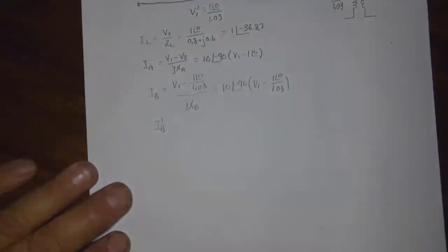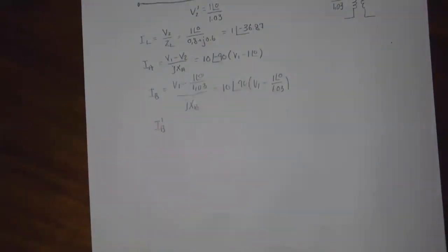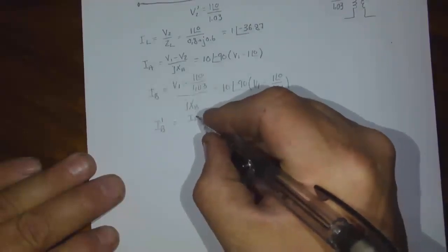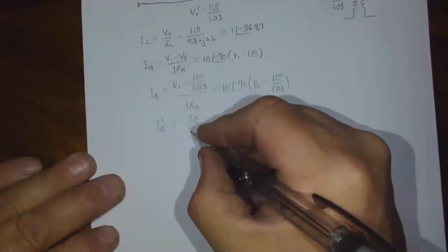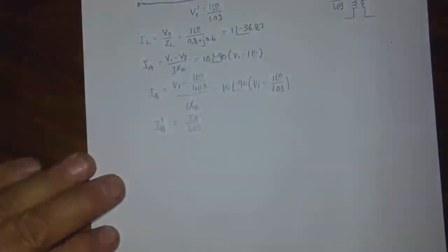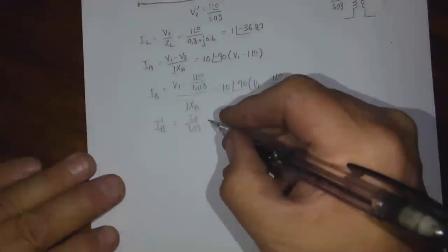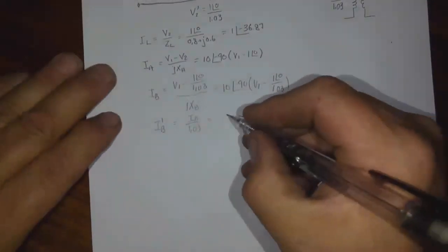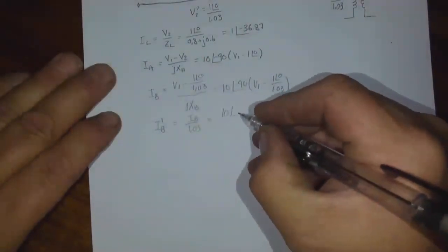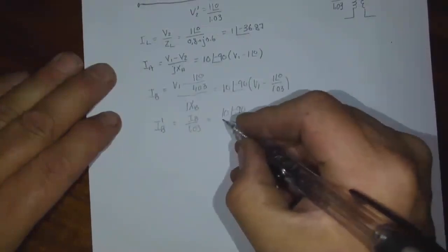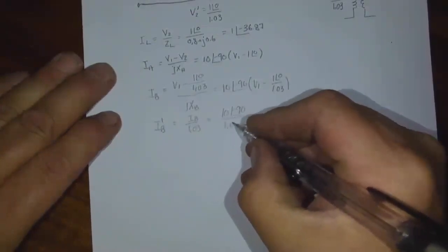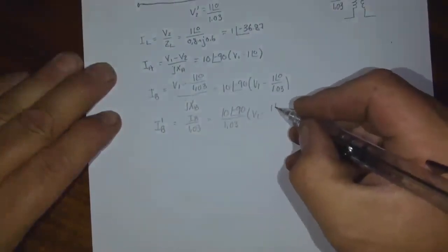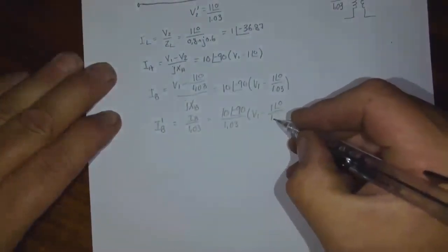Do you agree that it's going to be lower? So that will be IB divided by our tap change. So that means it will be 10 ∠-90 divided by 1.03 times (V1 minus 1 ∠0) divided by 1.03.